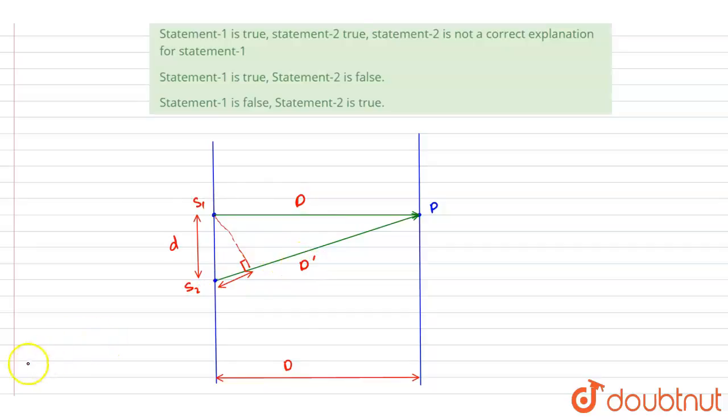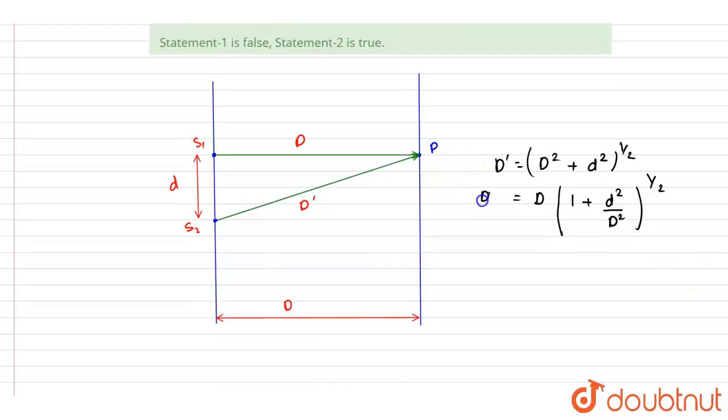So you can use the Pythagoras theorem to get D dash. We will write D dash equals the square root of capital D square plus small d square. If I take this capital D square outside, it will be this.